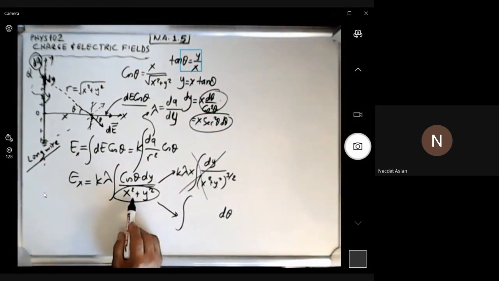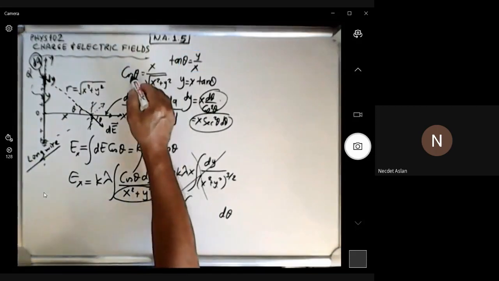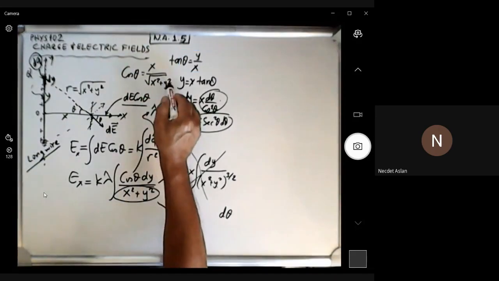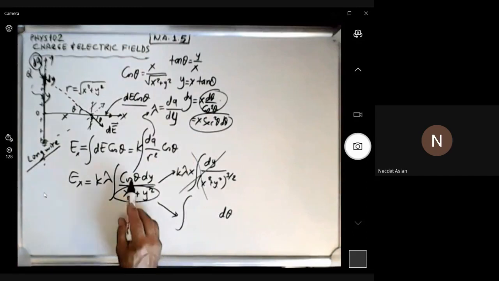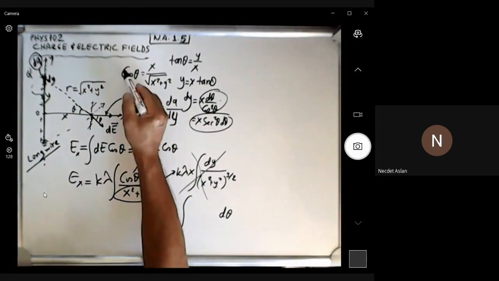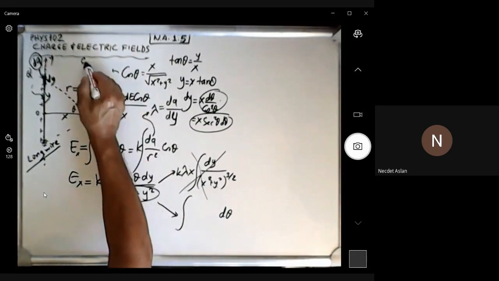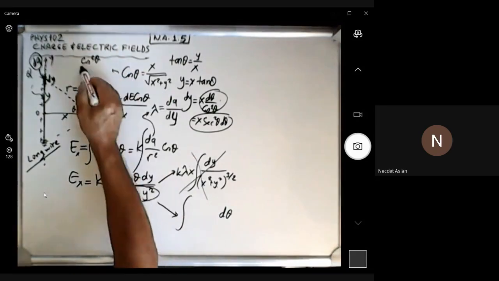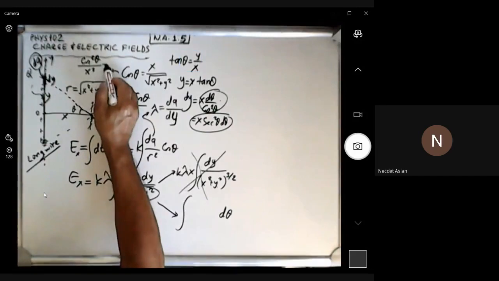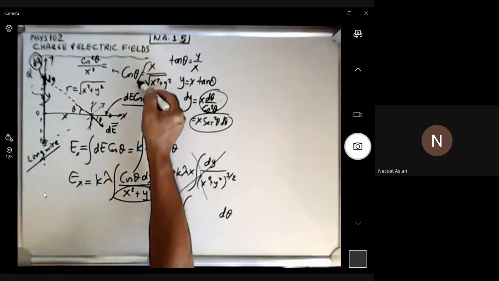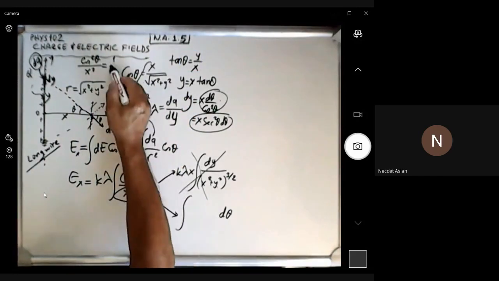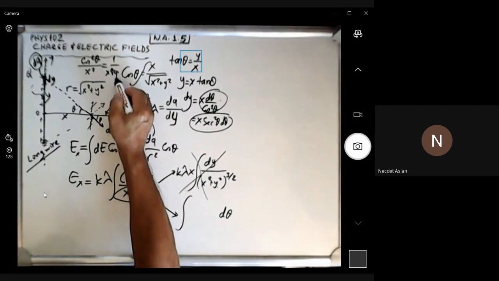So what about this? As you see, look at this expression. Cosine theta is x over the square root of x squared plus y squared, but we have 1 over x squared plus y squared. So if you get this expression, you see that cosine square theta divided by x squared will be exactly 1 over x squared plus y squared.